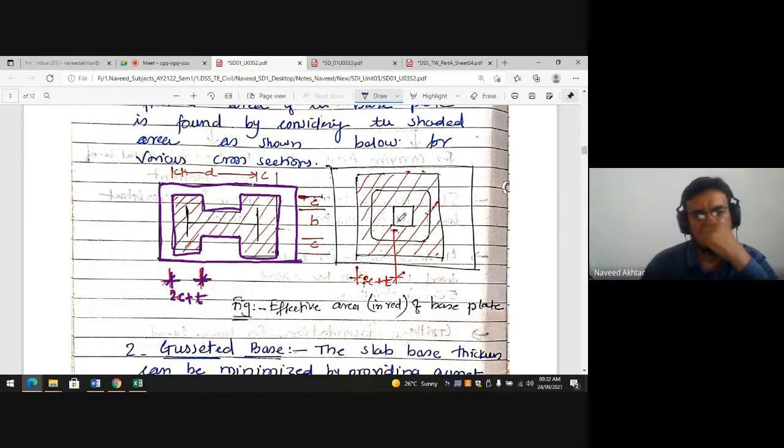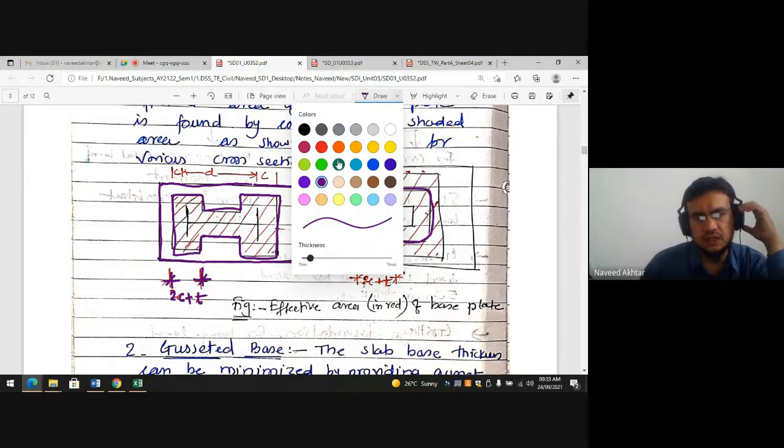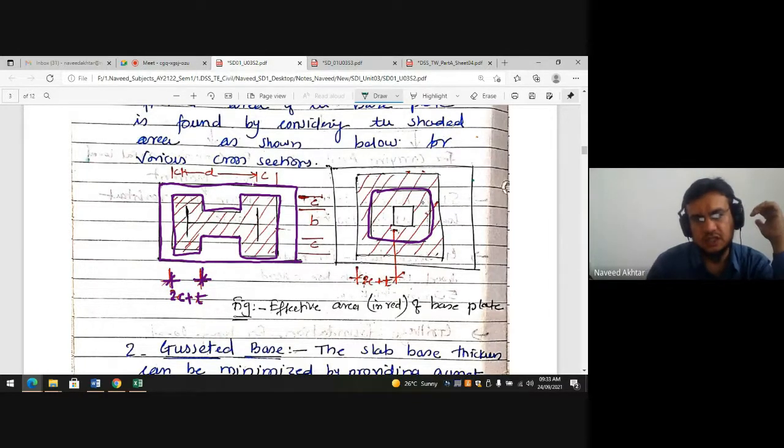Here, when there is a hollow tube, this shaded portion is the effective area of the tube. Because of the hollow, its center is not effective, and the area around it is also not effective.